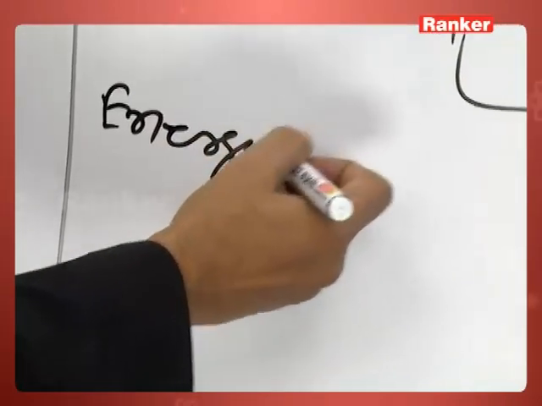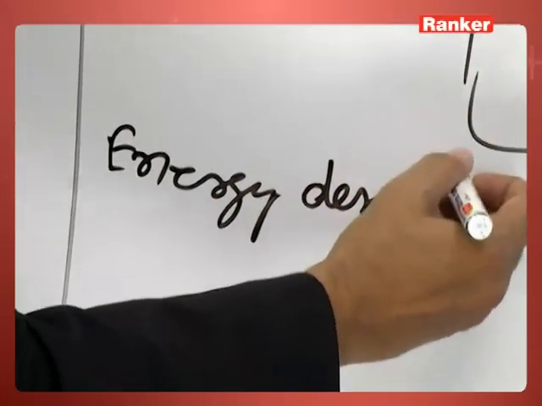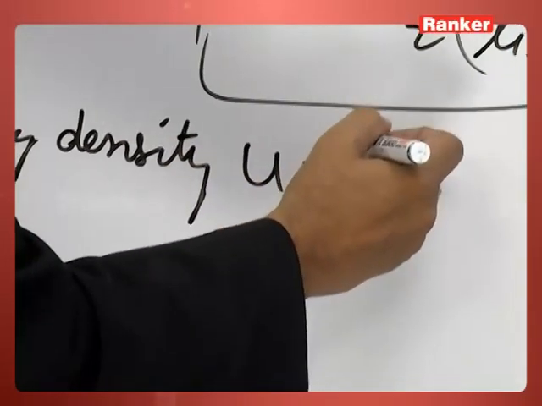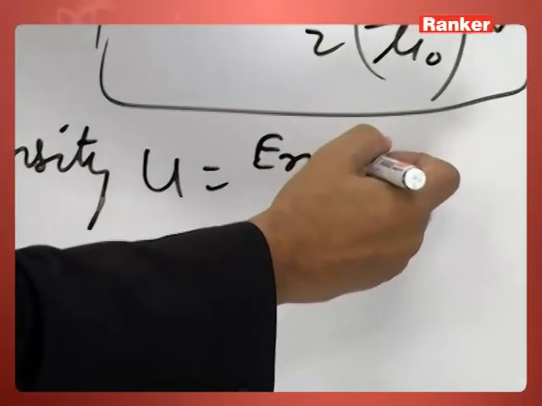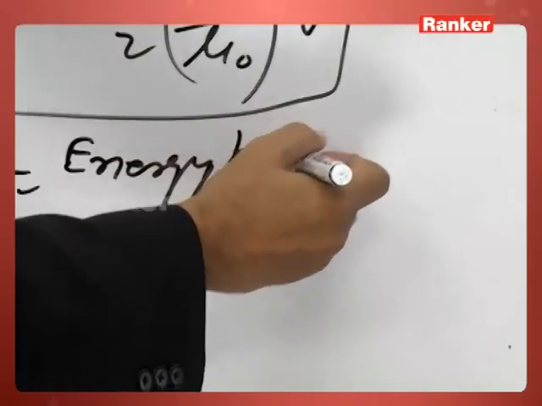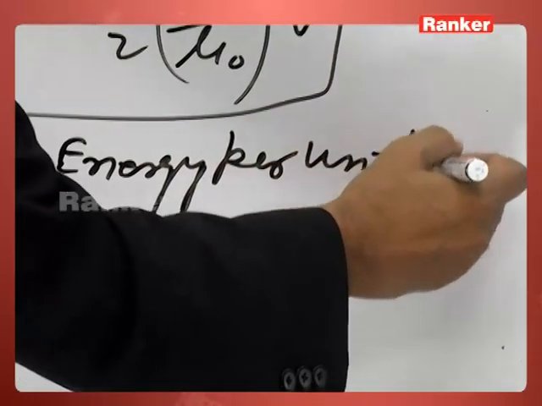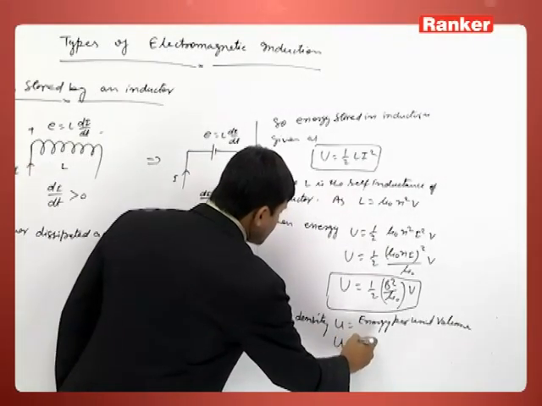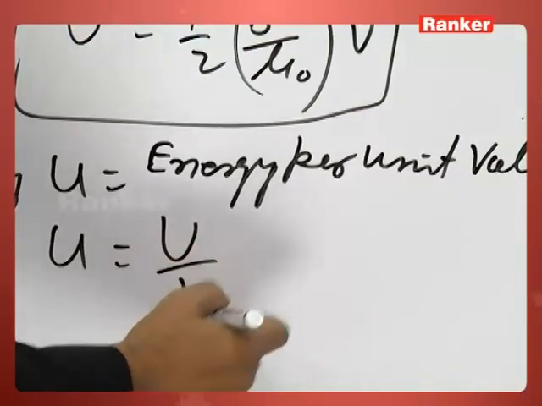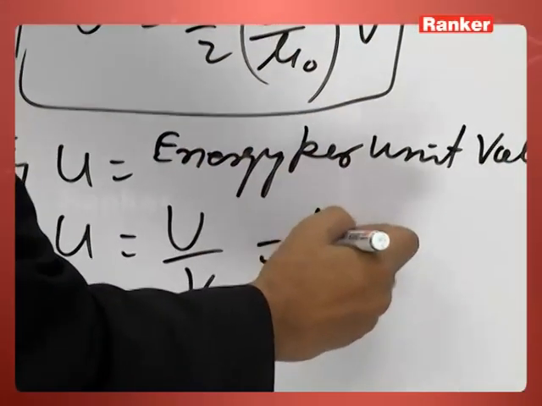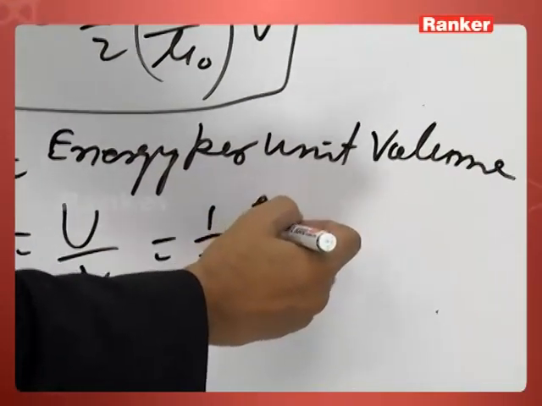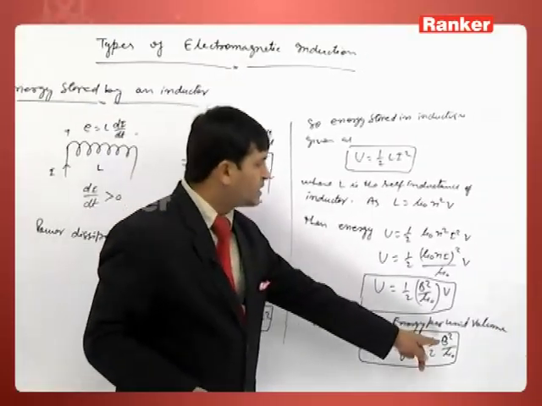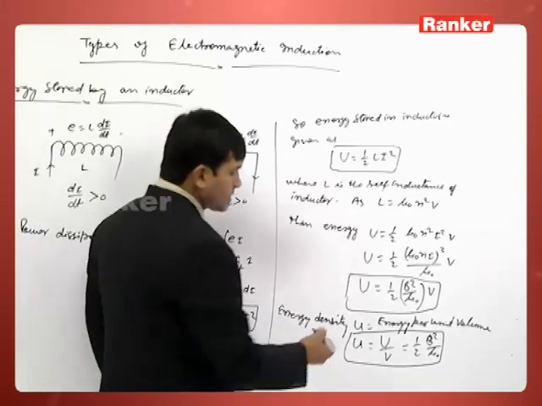Then energy density, small u, is the energy per unit volume. So this is capital U by V, which is written as half B square by mu naught, where B is the magnetic field in the given volume.